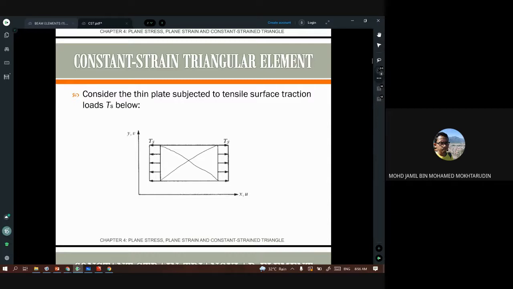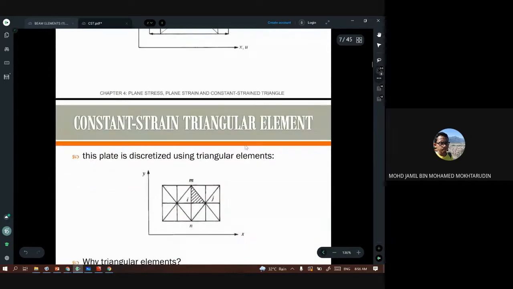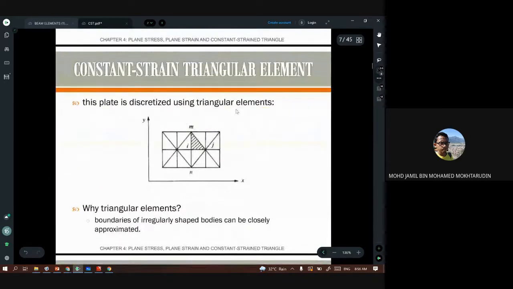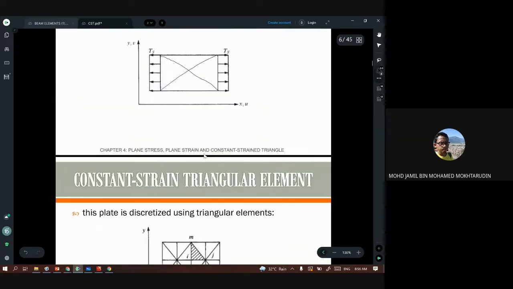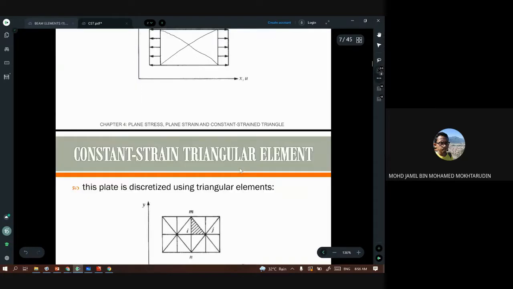In this topic, constant strain triangle, we are going to learn how to understand the manual calculation for making the mesh and so on. We can discretize the plate using triangular elements, here using smaller triangles compared to the one I drew earlier.